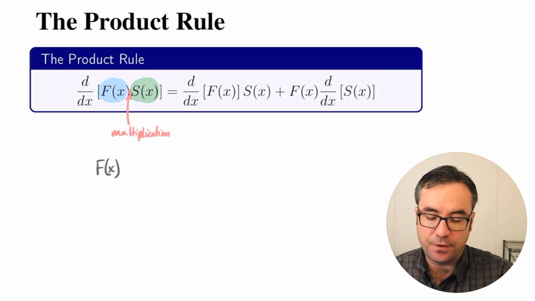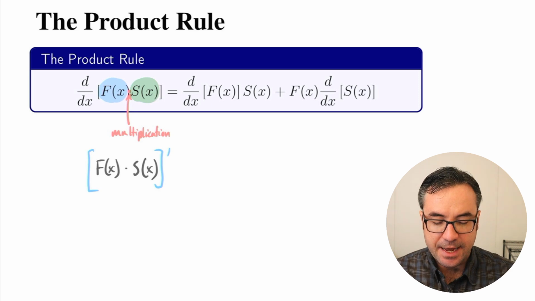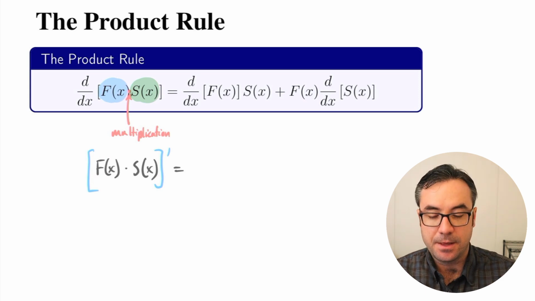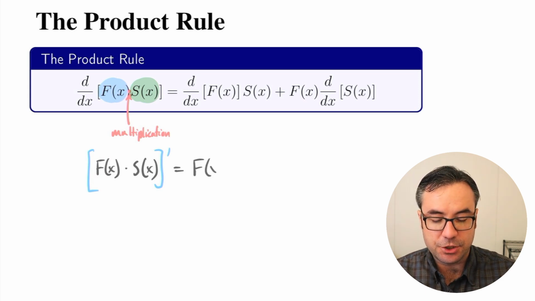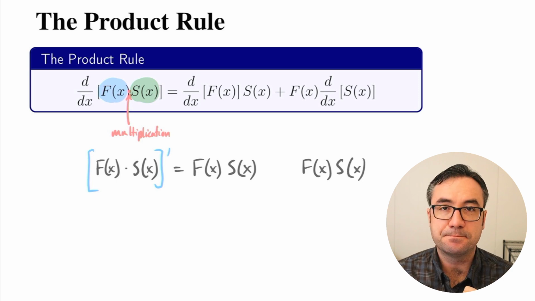let's say we have our two functions, and I'll write in the multiplication here, and we're trying to differentiate this whole thing. The way the product rule works, and the way we'll think of it in our example, is that we're just going to write this product twice. We'll have one copy of our function, f of x times s of x, and then we'll write a second copy over here.